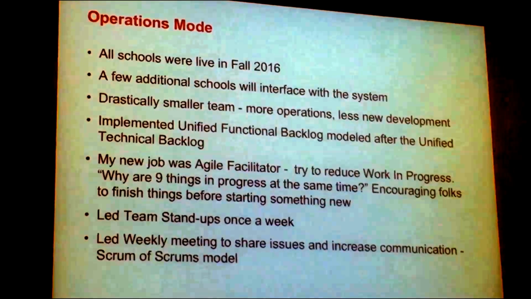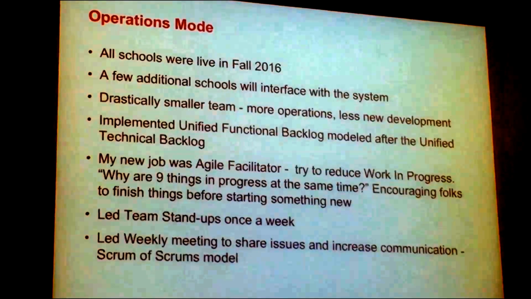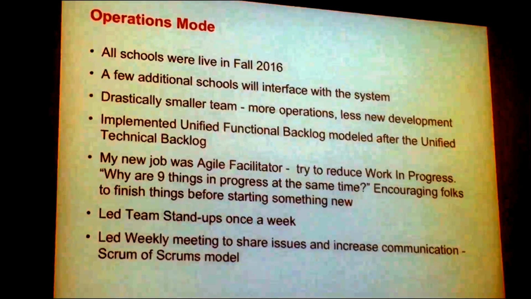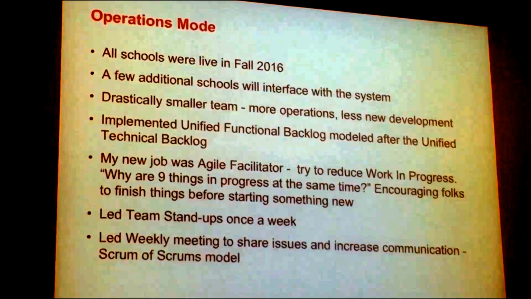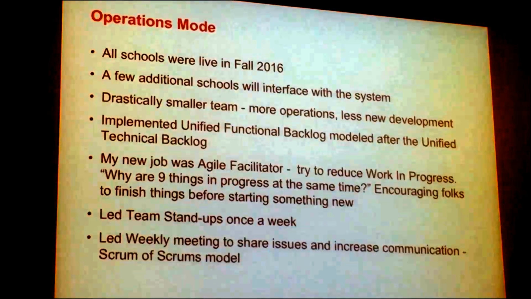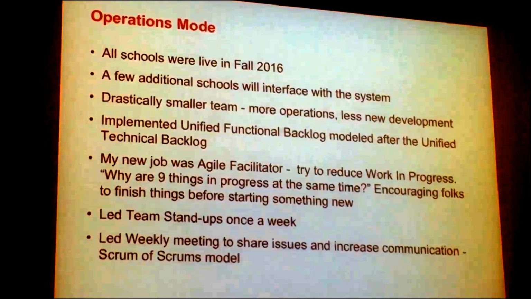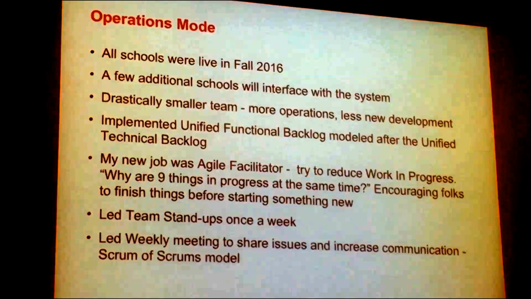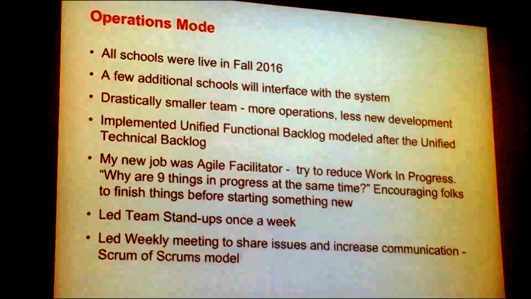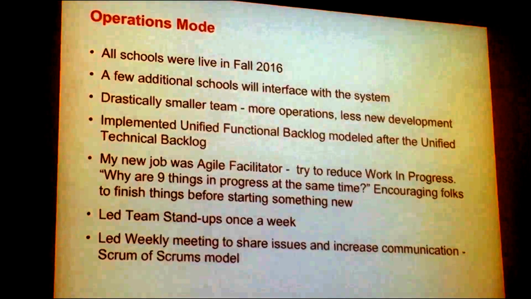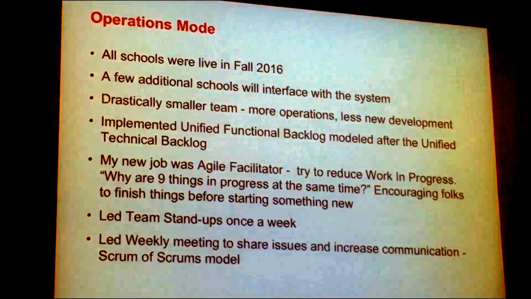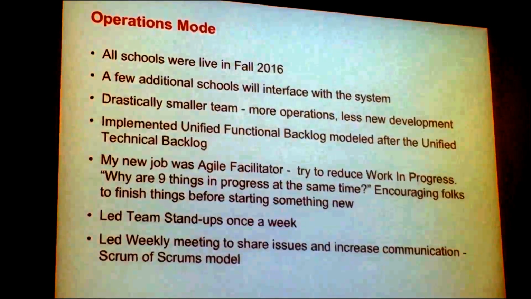My new job at the end of the project was Agile facilitator. We tried to keep work in progress to a minimum, which was hard to do. A lot of times folks would have nine things they're doing at once, and Jira gives you pretty pictures and graphs that pop right out and tell you who is working on too many things at once.